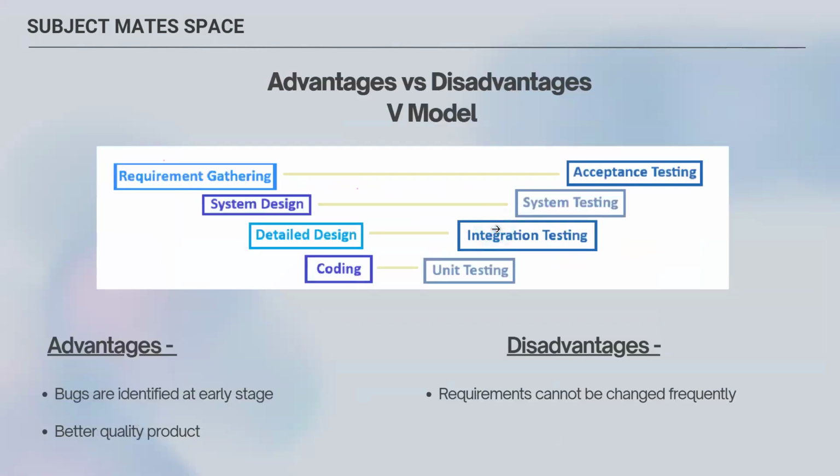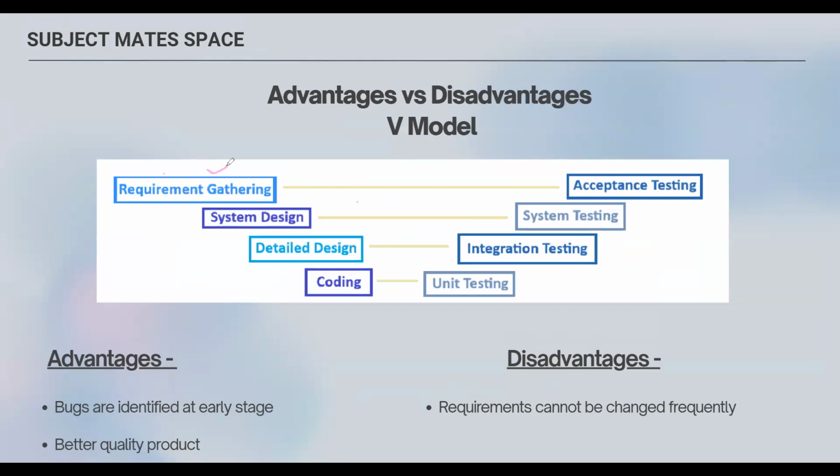Now, what are the advantages? After the requirement gathering phase, if you find any bug or anything which is not matching the user requirement, you can quickly come back to the requirement gathering phase and analyze the bug.